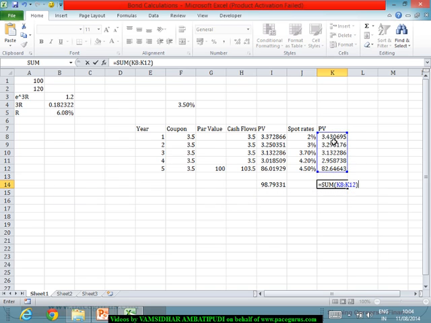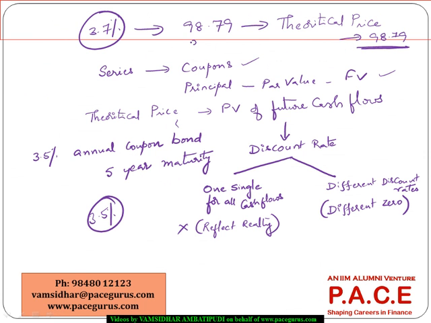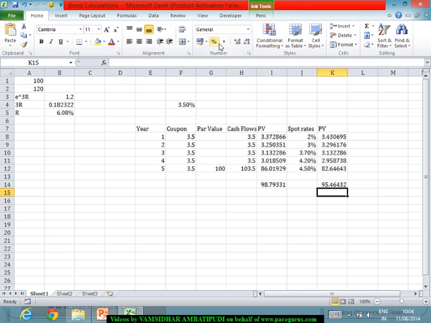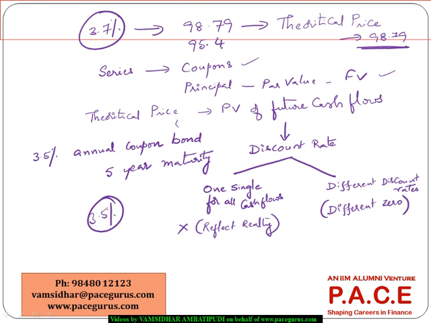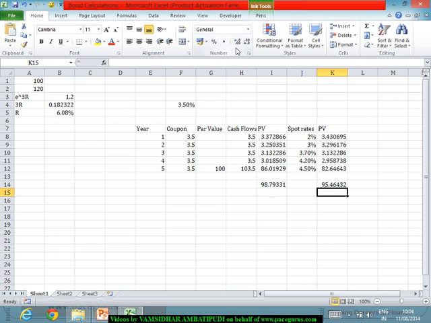The theoretical price coming through this mechanism says that the price of the bond is only 95.46. So this is the kind of present value that we are trying to compute.